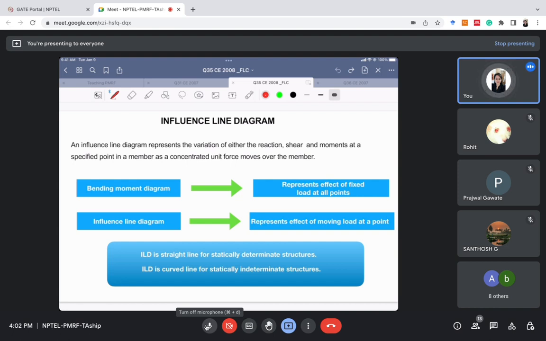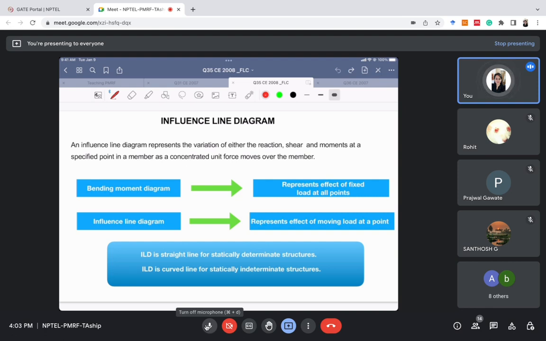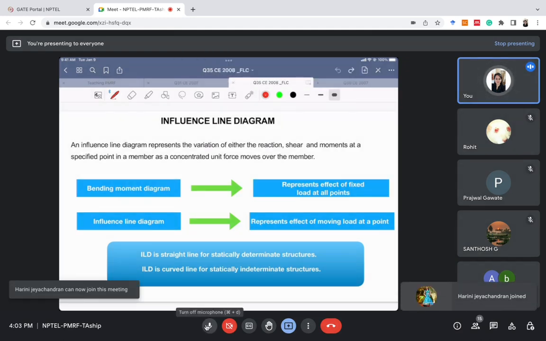So in simple language, if we have to find the ILD for a particular member, we will take a unit load or unit force and move it along the length of the member and calculate the force in that particular member. So in simple language, this is the ILD.